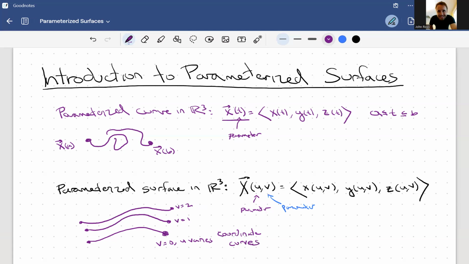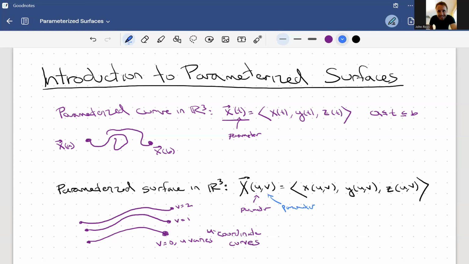And these are specifically coordinate curves for our u variable. So these are often called our u coordinate curves because our u is varying for a fixed value of v. But we could, of course, play the same game for v. So what happens if we let u be fixed and we let v vary?